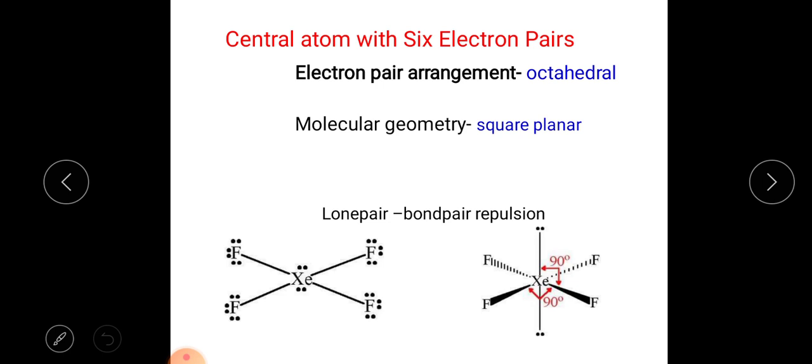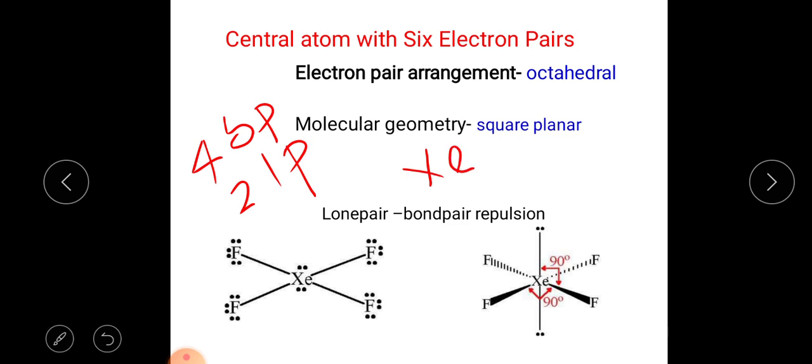Now the next case, whenever you have the central atom with 6 electron pairs. In this molecule, there are 4 bond pairs and 2 lone pairs. A typical example is XeF4, xenon tetrafluoride.